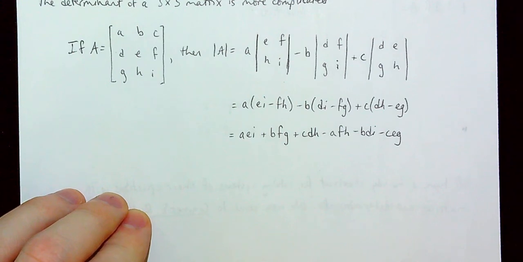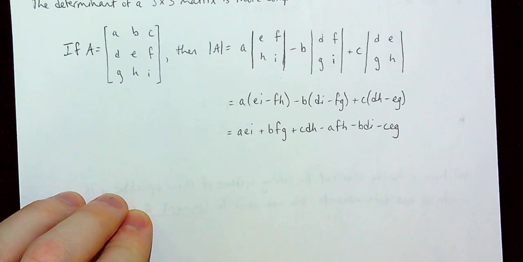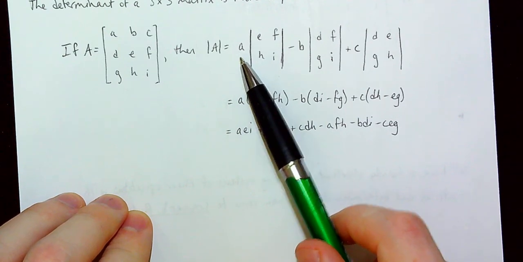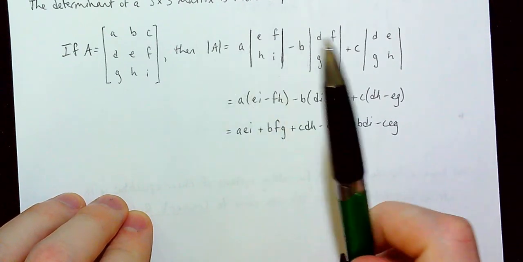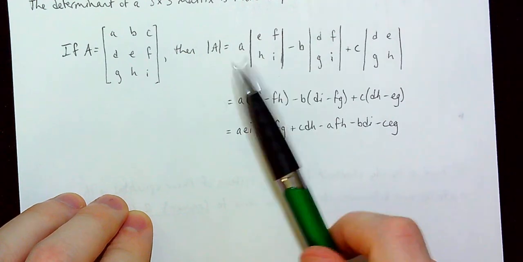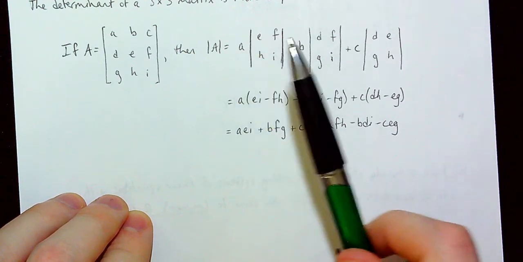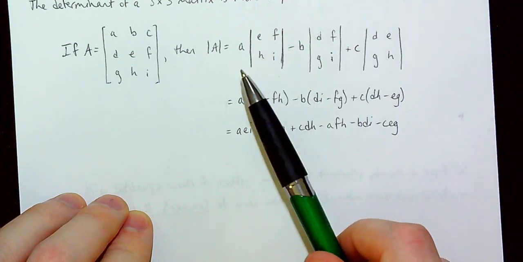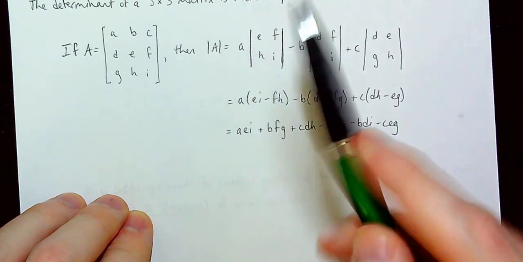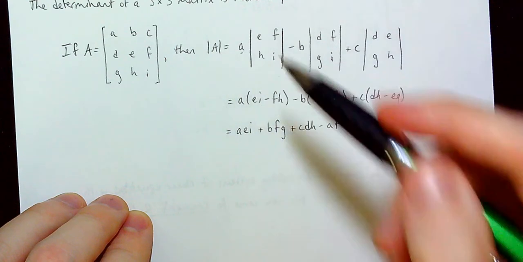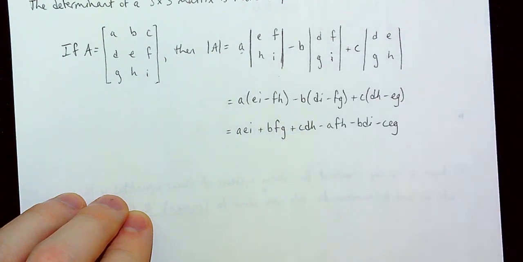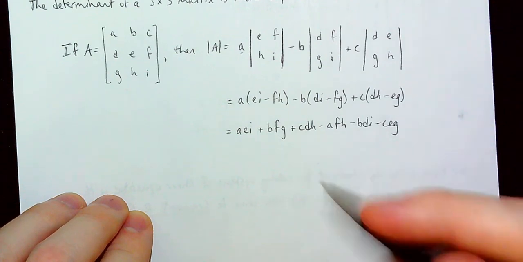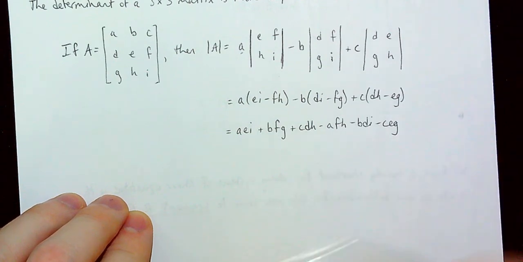So what I'm doing here is I'm taking an element and I'm multiplying it by the determinant of the 2 by 2 matrix that we obtain as a result of removing the row and column that contains that element out front. There's a special term for this resulting 2 by 2 matrix that we get.